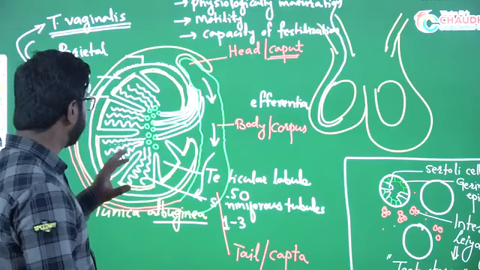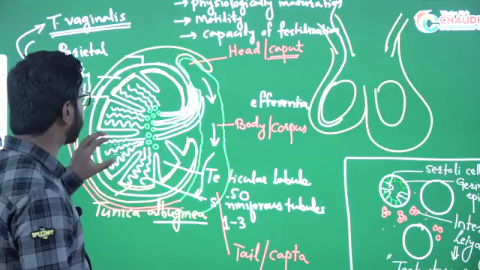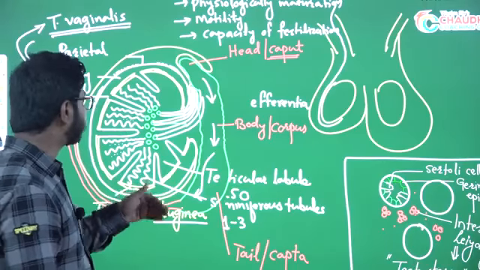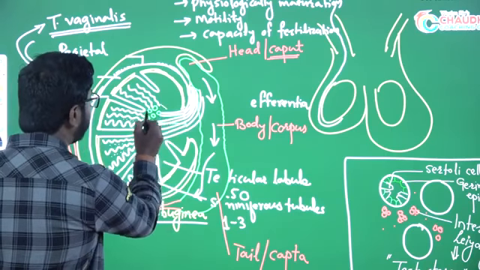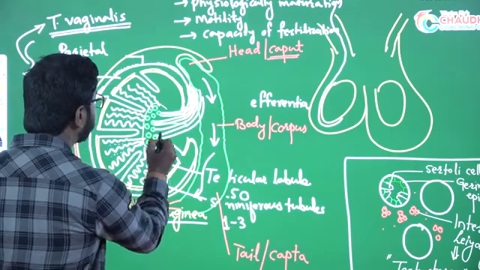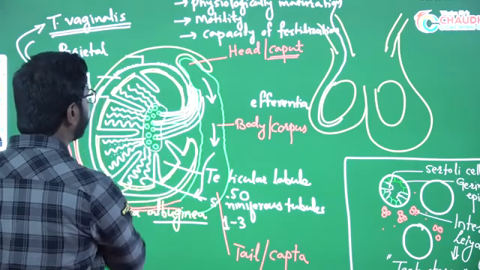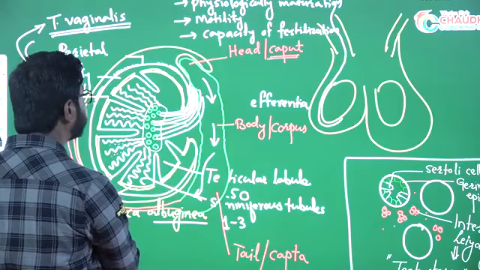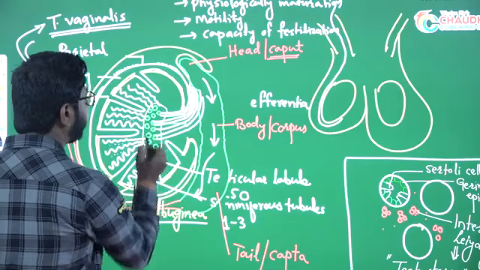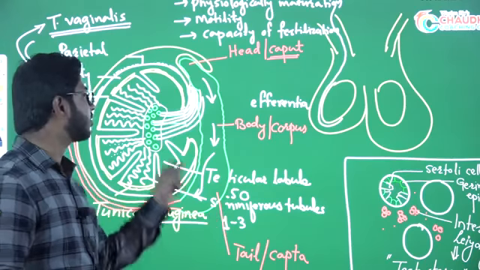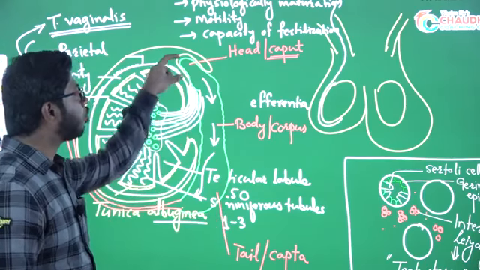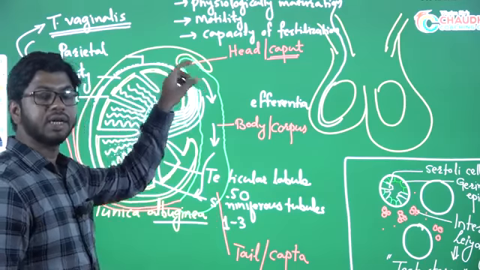Now, when we are revising, we must revise this also: all the seminiferous tubules open into a network of irregular ducts. This network is known as rete testis. Rete testis opens into the vasa efferentia. Vasa efferentia open into the epididymis.